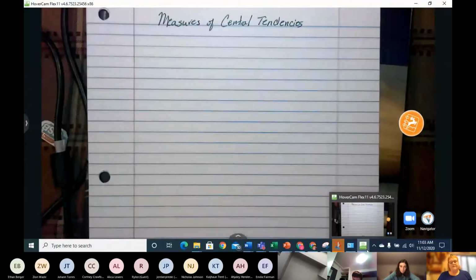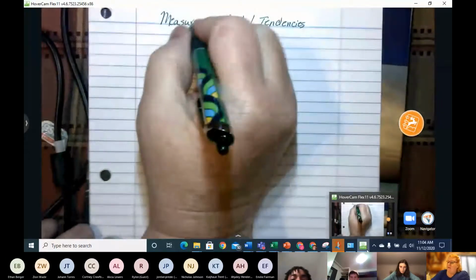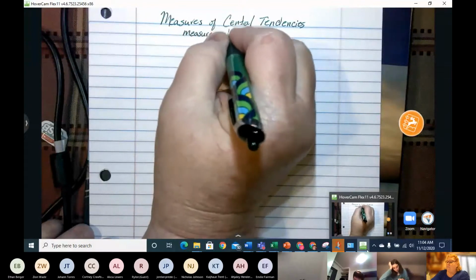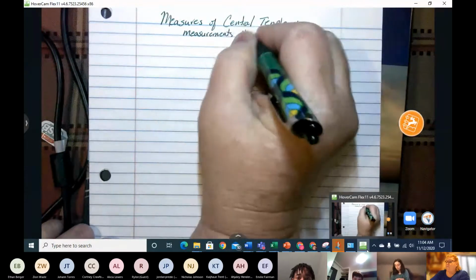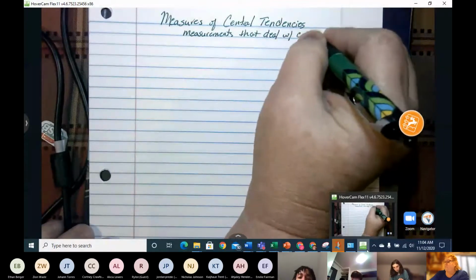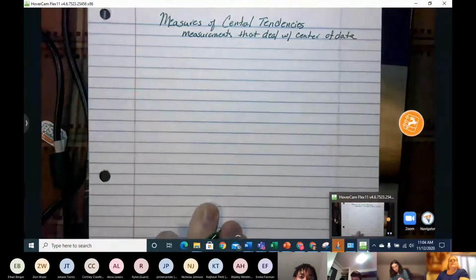So measures of central tendency. This just means that we are finding measurements about things around the middle, the center, that deal with the center of the data.